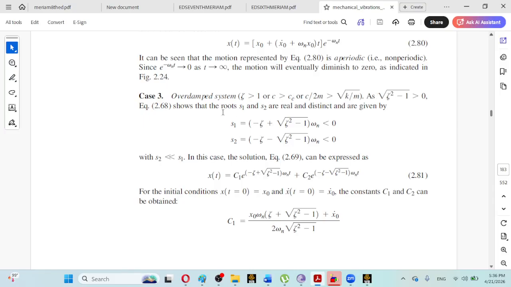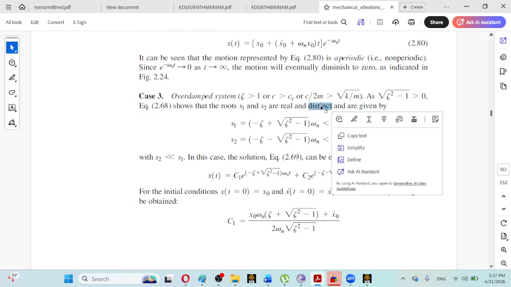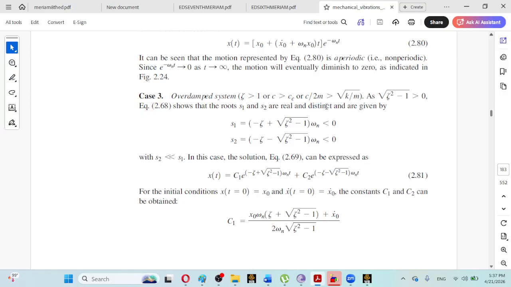Equation 2.68 shows that the roots s1 and s2 are real and distinct, because in the discriminant there will be no negative sign, so both roots s1, s2 are real. Distinct means they are real numbers and unequal.